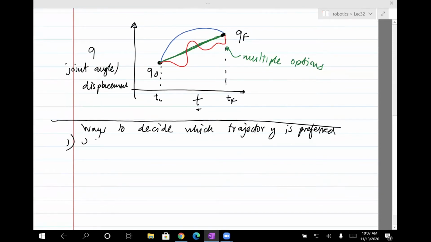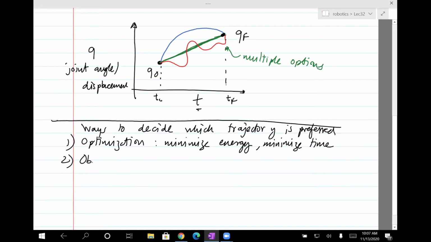One is optimization: minimize energy, minimize time. And we saw an example where we minimize the time for the car or even for the pendulum, which we did for homework. Another is obstacle avoidance, which is self-explanatory.